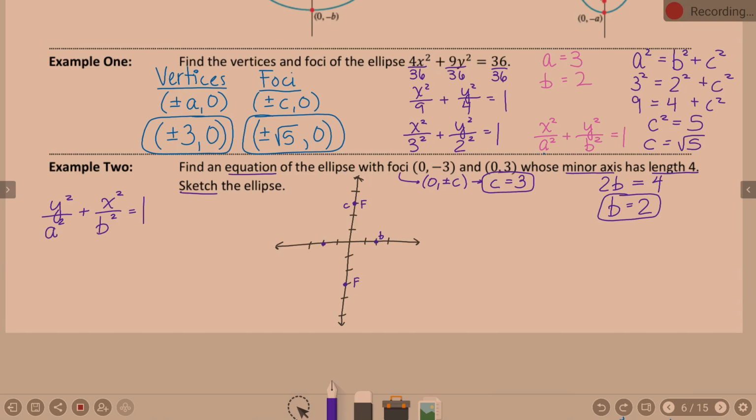Now, do I know enough to write my equation yet? Gotta find A. We have to know A. How do we find A? Do the Pythagorean relation. Anytime you know 2 out of 3 of your ABCs, right? We're going to go to that Pythagorean relation. So we're going to use A squared equals B squared plus C squared. So A squared equals 2 squared plus 3 squared.